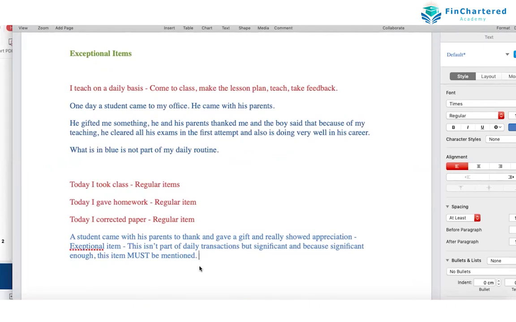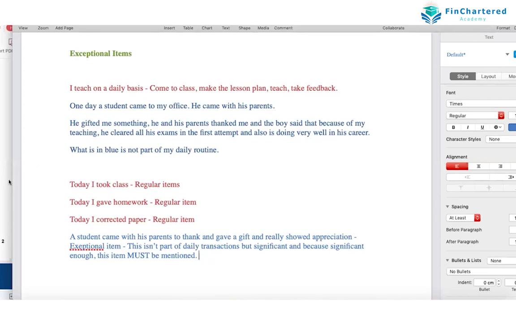It's not a daily sale, not the daily purchases, not the daily expenses. It is an event that doesn't happen on a daily basis, but it is significant enough. And that is why we are mentioning it. I'm mentioning it in class. You will mention it in the financial statements. And such an item is an exceptional item. Right?